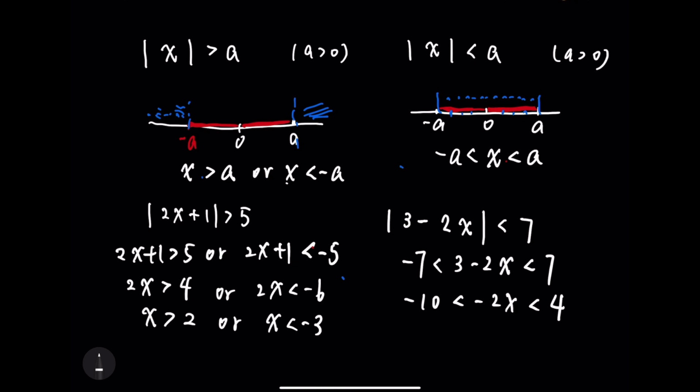So for an inequality, when divided by a negative number, you have to flip the sign. So it becomes this way. Negative 10 divided by negative 2 is positive 5, and 4 divided by negative 2 is negative 2. And then in the end, I can also flip it back into x less than 5, bigger than negative 2.